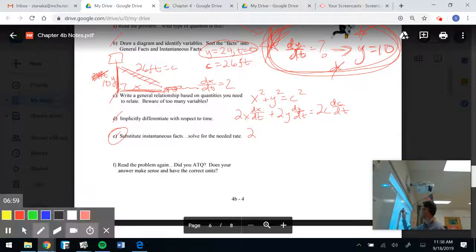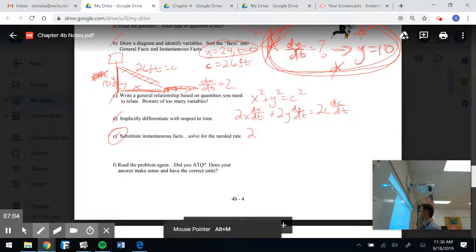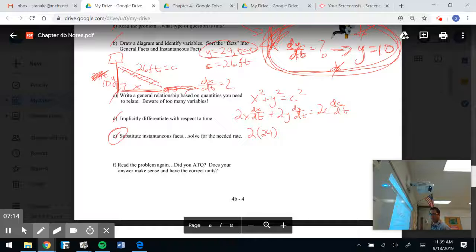That's a 10. That's a 26. So what would x be, right? Well, that's a 5, 12, 13 triangle. So if that's 5 times 2, that'd be 12 times 2. Oh, so it's 24. How about that? I kind of did the Pythagorean Theorem just to get that. Or know my triples. And the AP loves using triples. It's kind of how you know you're on the right path. Right, Holmes? Okay? And then dx/dt.